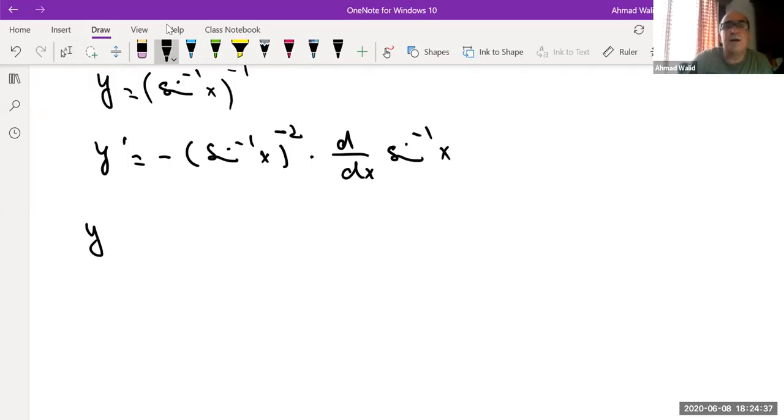If I simplify this, I can write negative 1 over, sending it back to the denominator, sine inverse x squared.